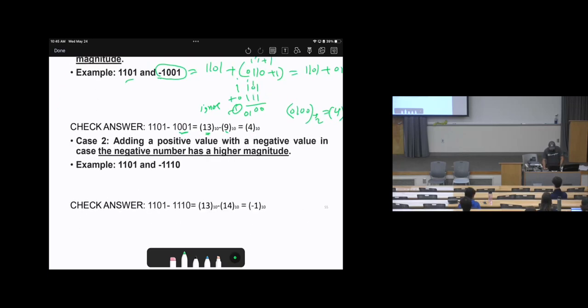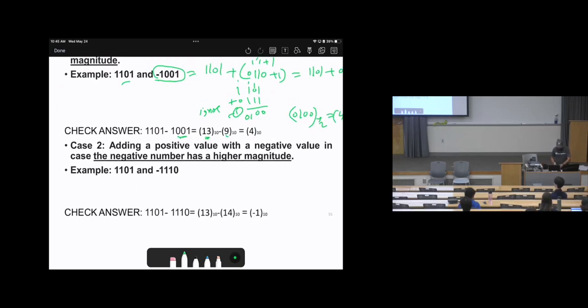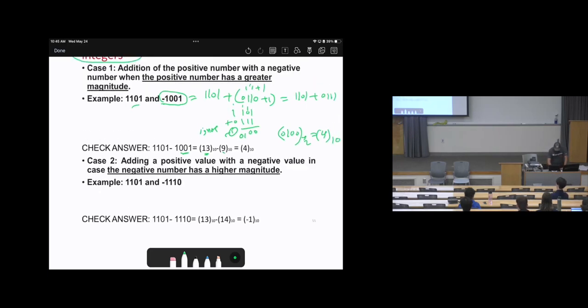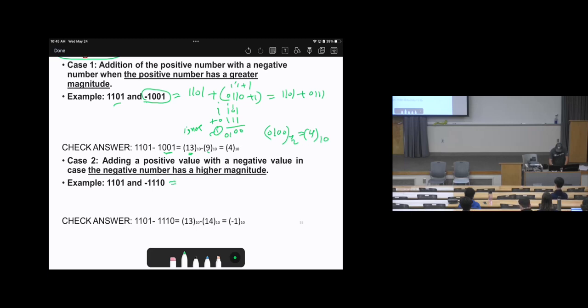Okay? Another case study, which is when we have 1101 minus 01110. How to deal with this? 1101 plus find the 1's complement first, then add 1.